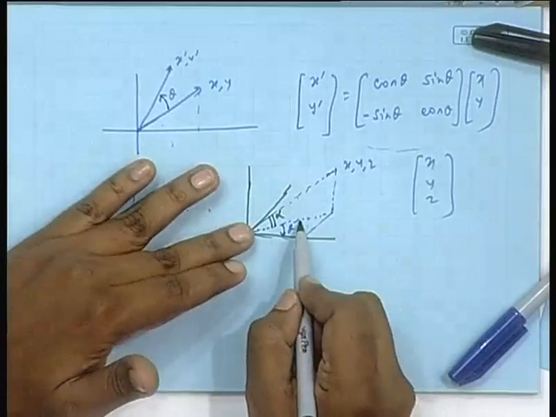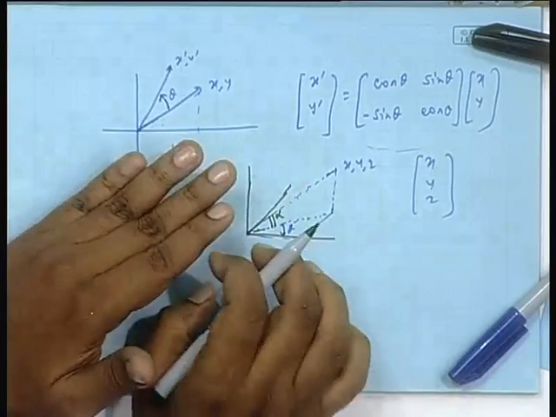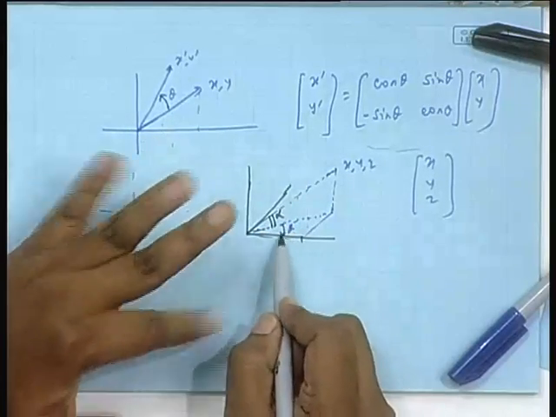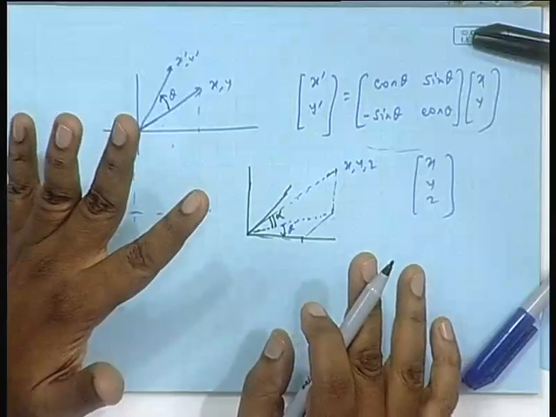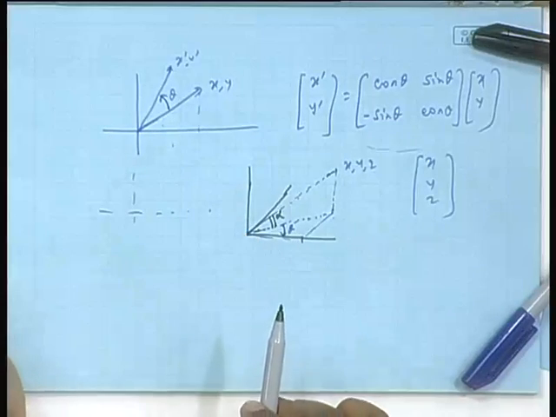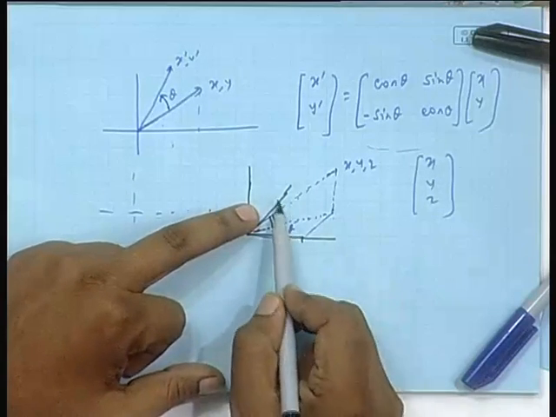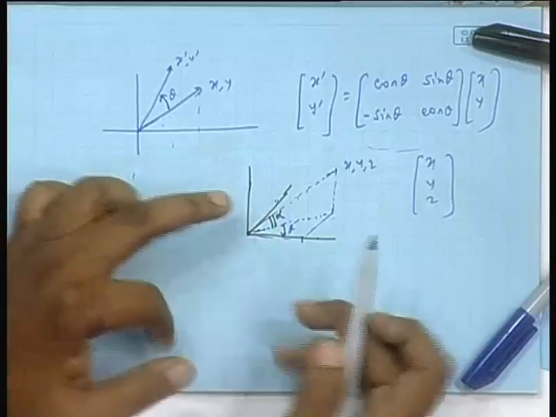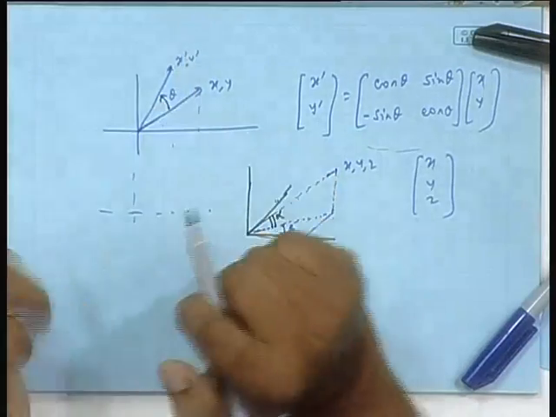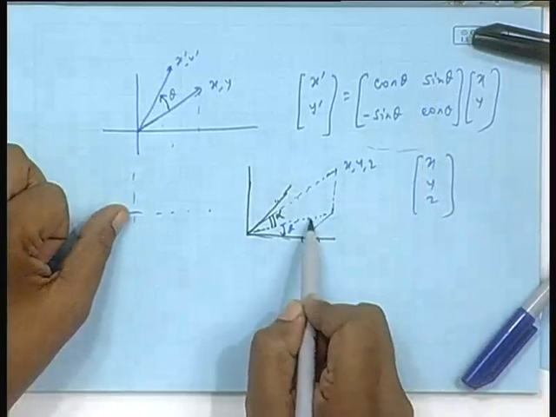Suppose I rotate this vector backward by theta as shown, or effectively I rotate these 2 axes, maintaining the 90-degree angle between them, orthogonality, in the opposite direction by theta first. What will happen? This will align with this.